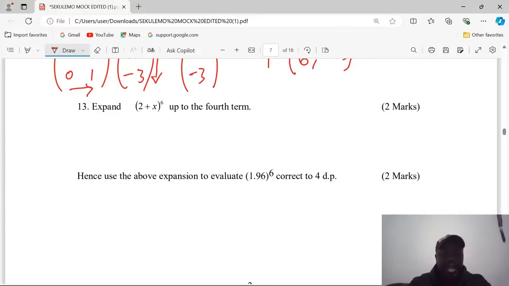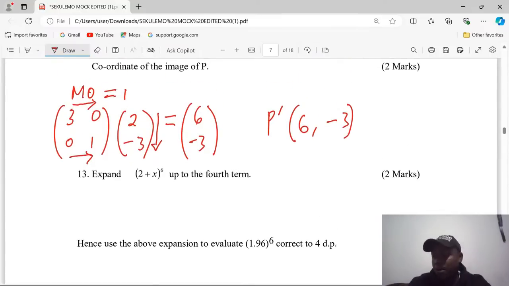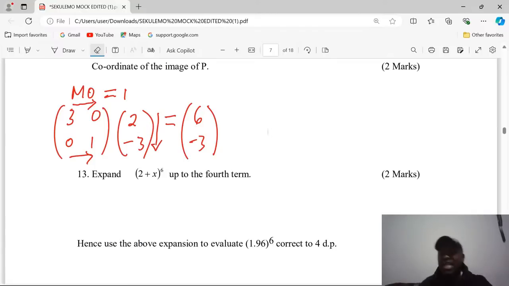Number 13, expand. For us to expand, we are supposed to first of all know what we call the binomial coefficients of the given power. The binomial coefficients can even be read directly from the mathematics tables.